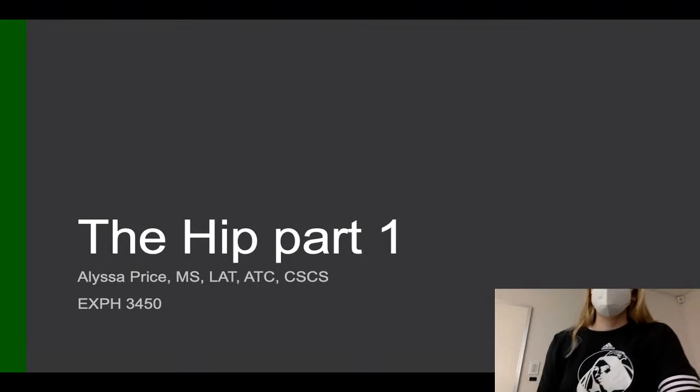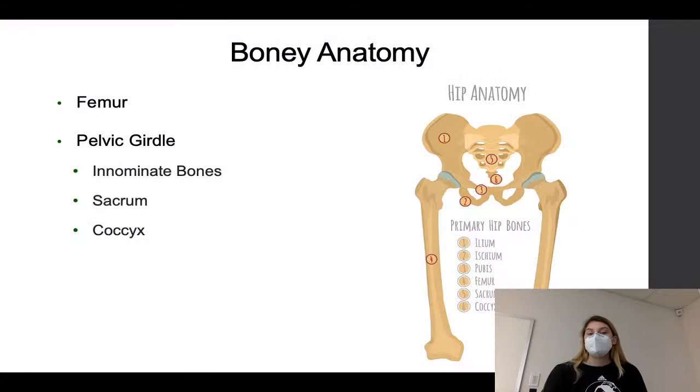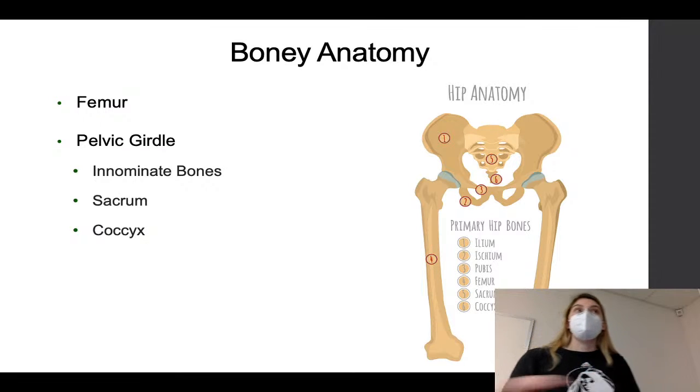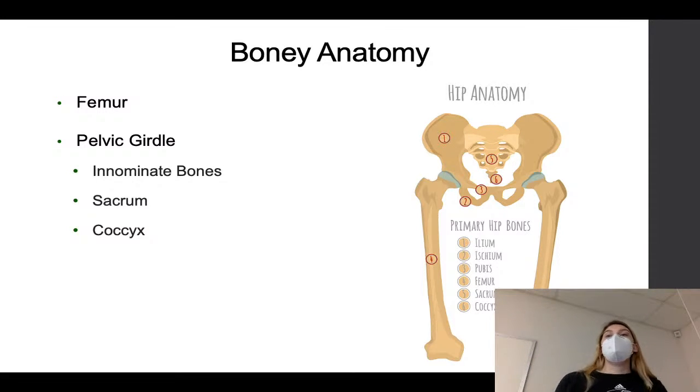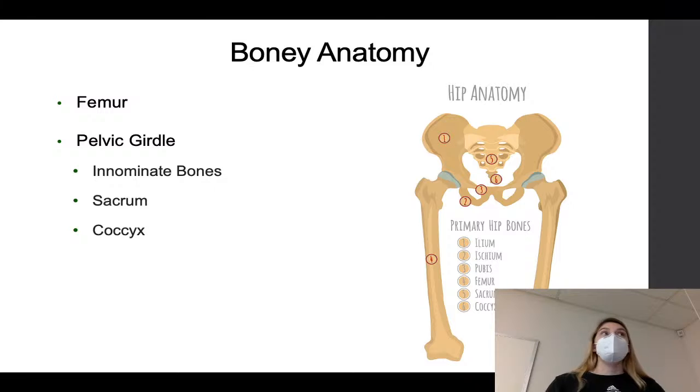Now we're moving on to the hip and pelvic girdle, part 1. The hip is made up of the femur, the distal femur we already learned, and what's called the pelvic girdle. The pelvic girdle is made up of your innominate bones, your sacrum, and your coccyx.